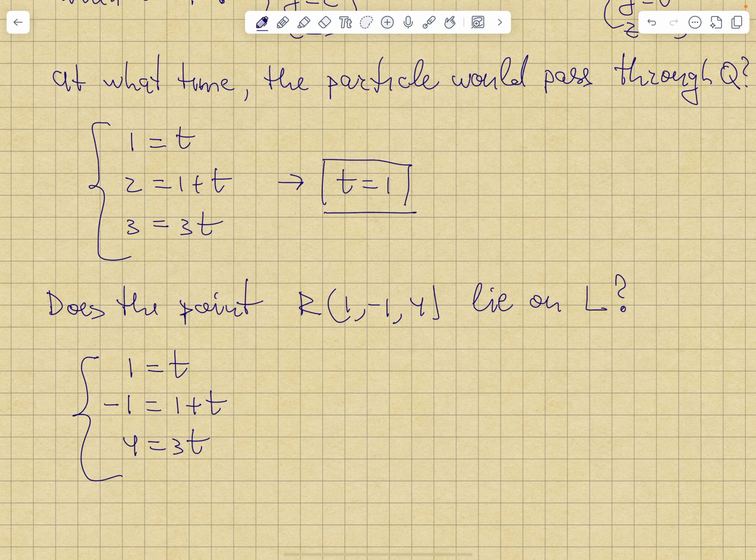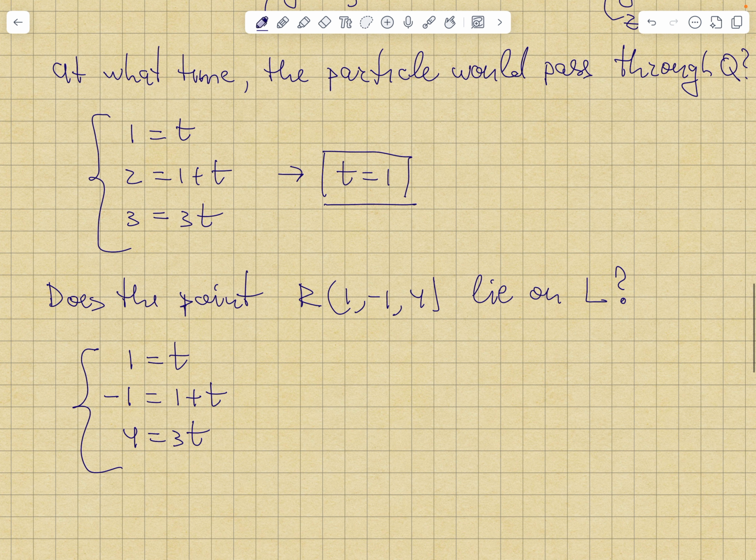Well, if that is true, then from the first equation, t should be 1. And I already know that that's probably not going to work because I know that at t equal to 1, I'm at the point 1, 2, 3. And here I have the point 1, minus 1, 4. So if I try to determine t from the second equation, then t from there is equal to minus 2.